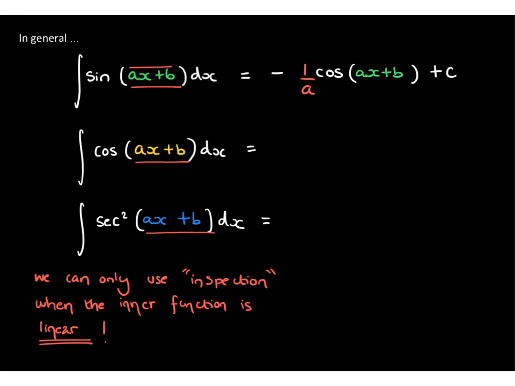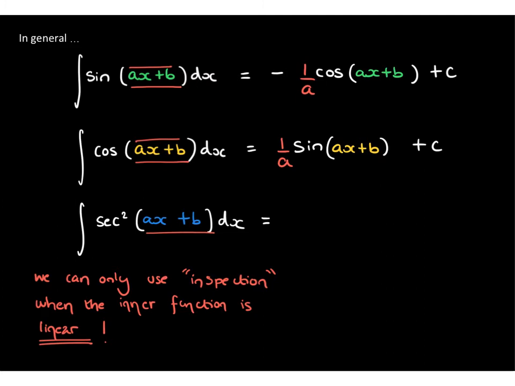The next one is a cosine function, and we know that integrates to a sine function, so it will integrate to sine of (ax plus b). But we need to divide by the derivative of this inner function, which of course is just a, so we end up with 1 over a here, and of course plus a constant at the end. The next one is a sec squared function.